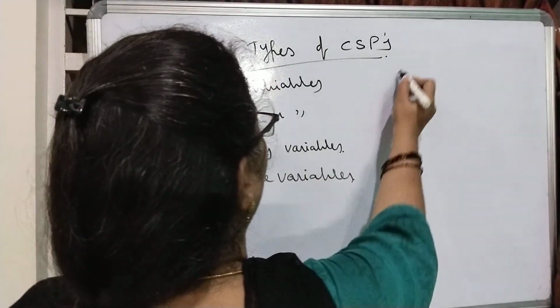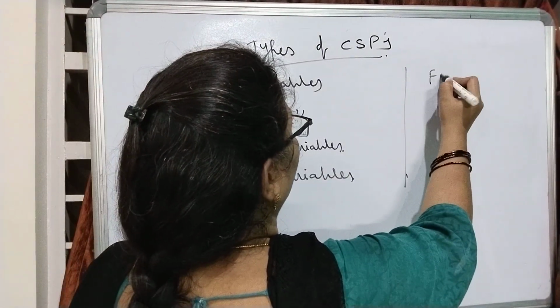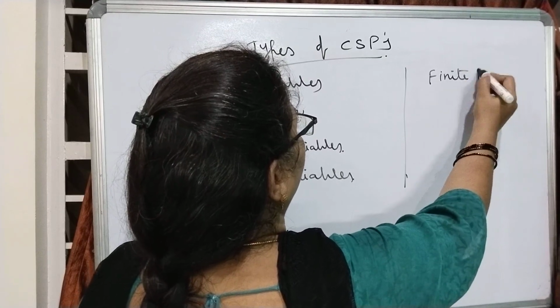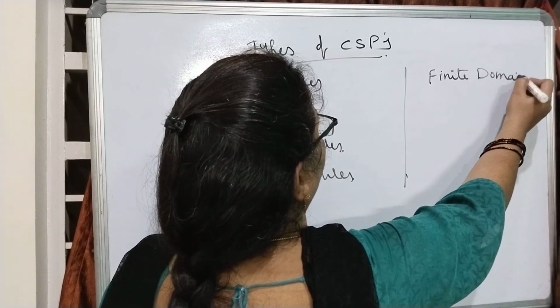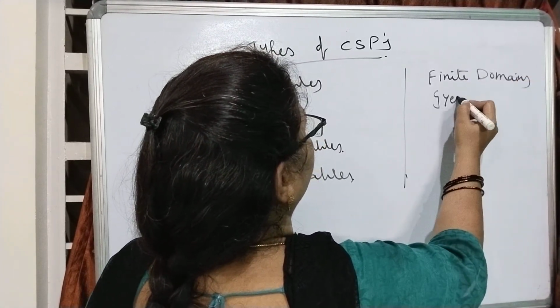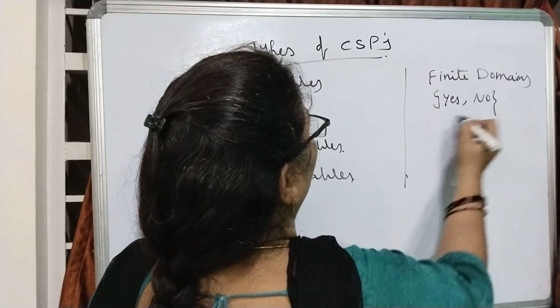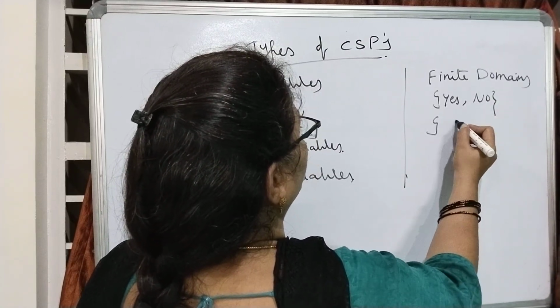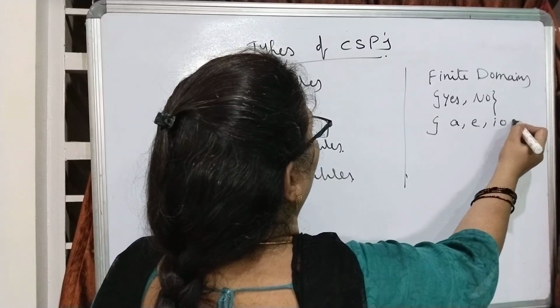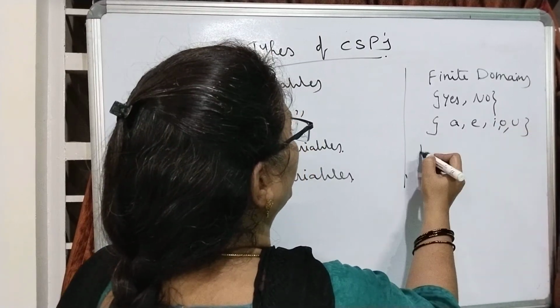And we can implement these CSPs on finite domains like yes or no, or A, E, I, O, U. These are the finite domains.